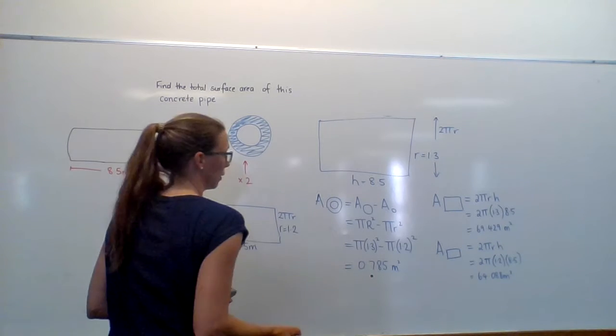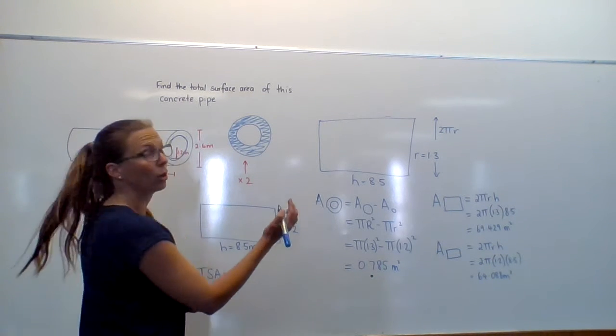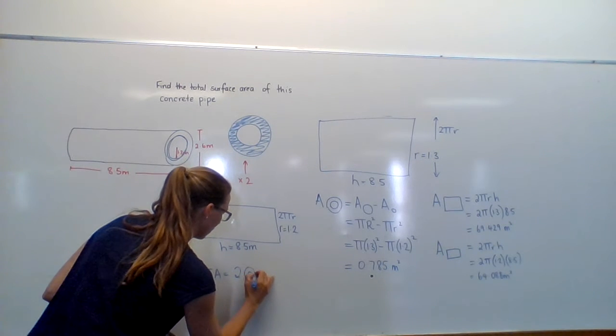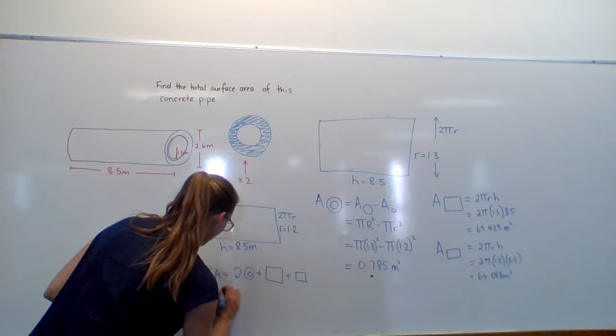Now, nearly there. I need to find the total surface area. The total surface area is equal to 2 lots of the ring plus 1 big curved surface plus 1 little curved surface.